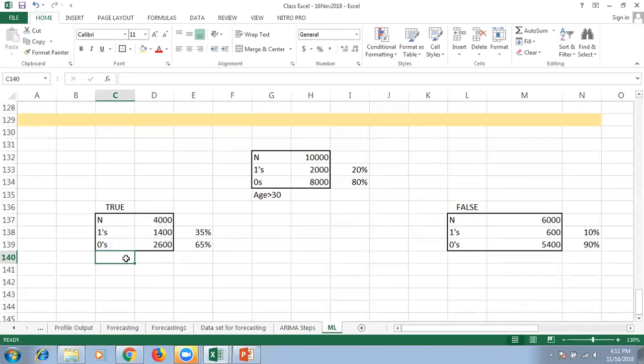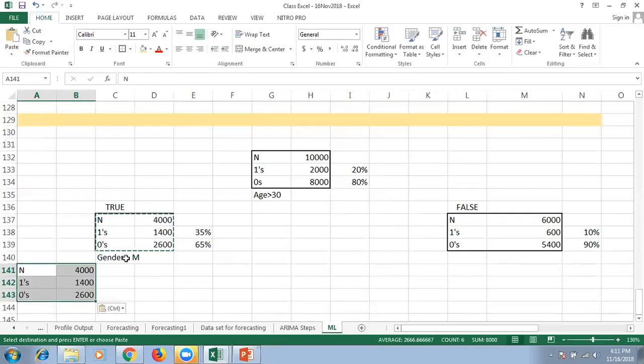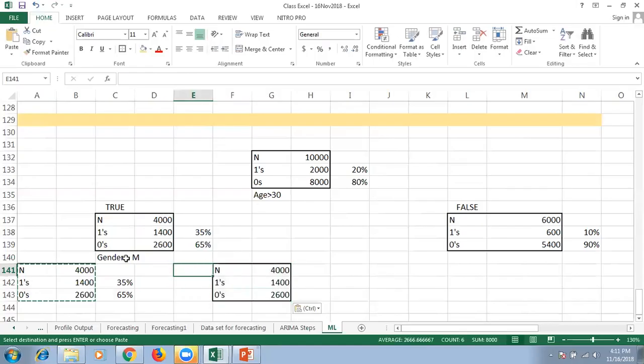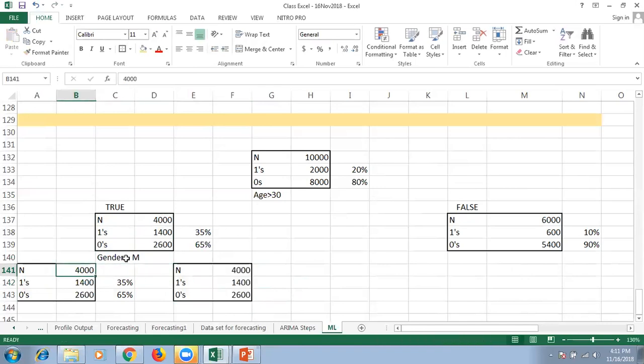Okay, suppose here I got gender as the split, gender equal to male and gender equal to female. Out of 4,000 observations, there are 2,500 male customers and 1,500 female customers.